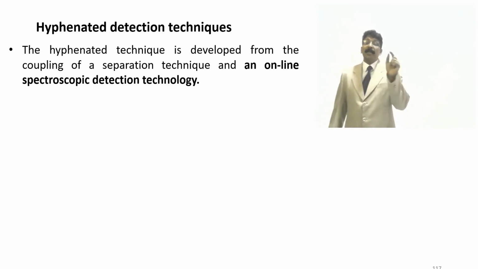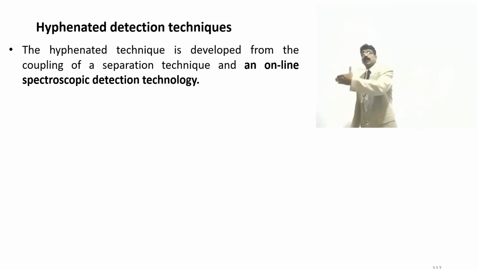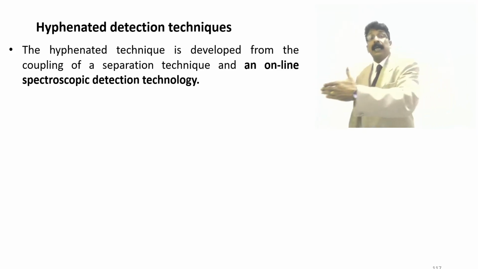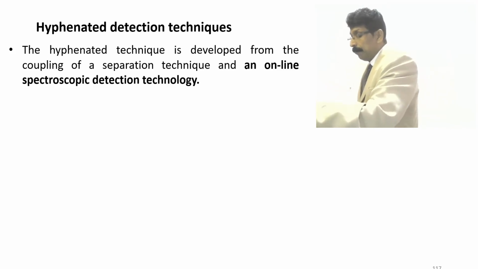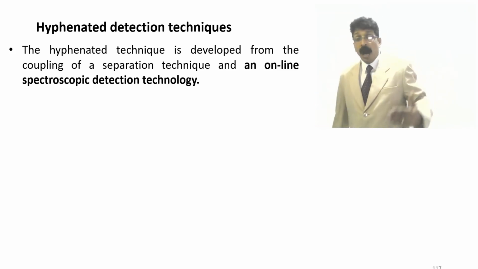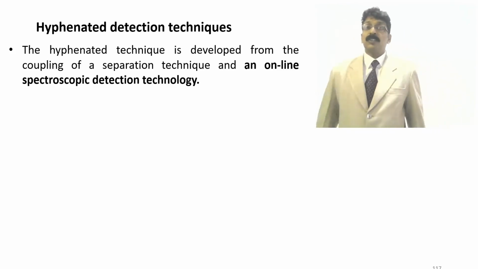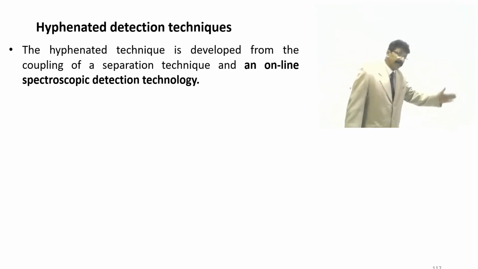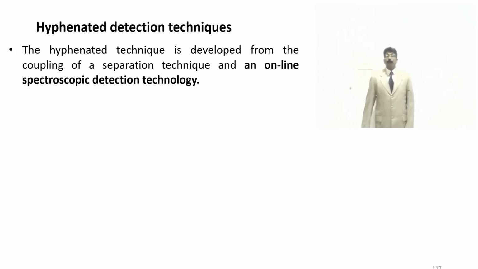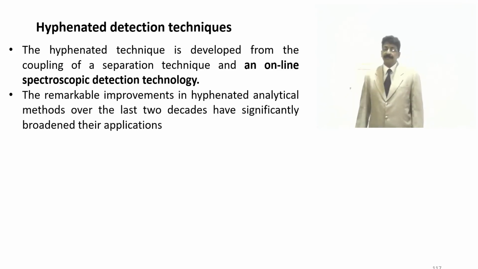Online means from one instrument to another: the compound separated from the gas chromatography directly enters the mass spectroscopy, or the liquid chromatography directly enters the mass spectroscopy, or a liquid chromatography is directly connected with NMR, or a liquid chromatography directly connected to IR spectroscopy is also possible. That's why we are using this online spectroscopic detection technology.